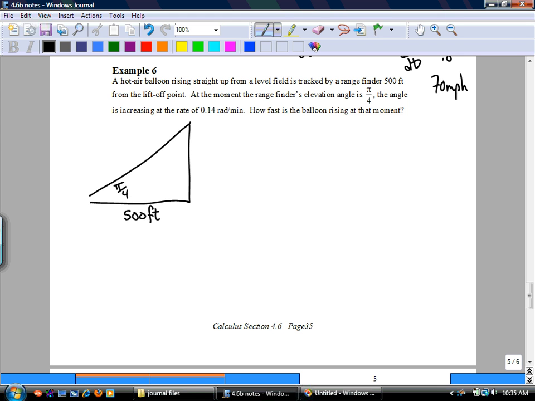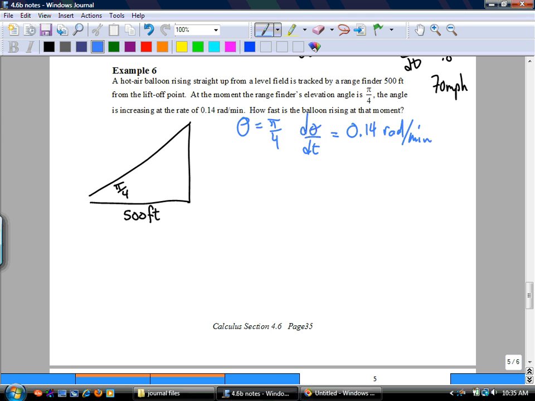The angle is increasing at a rate of, so theta is pi over 4, and d theta dt is 0.14 radians per minute. How fast is the balloon rising at that moment?